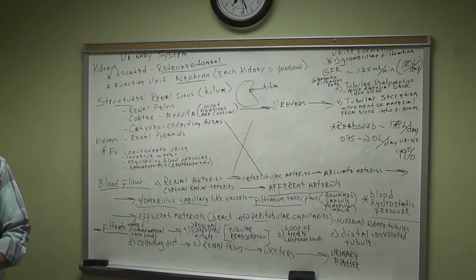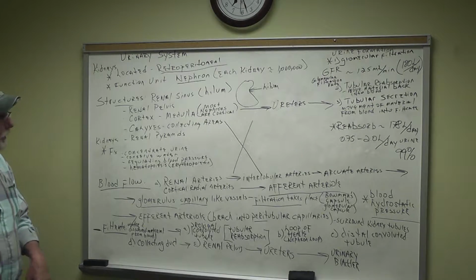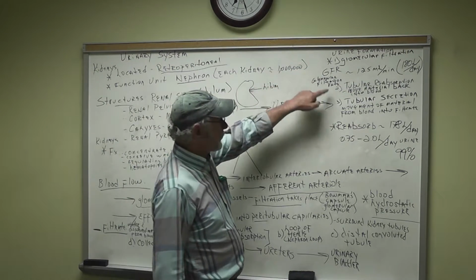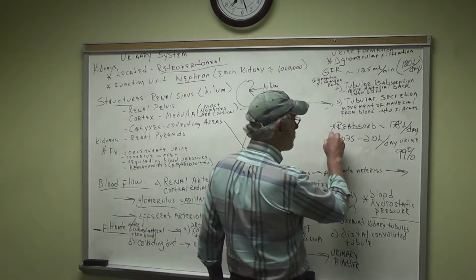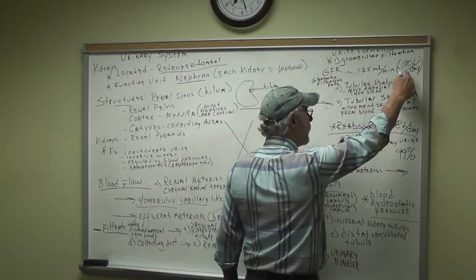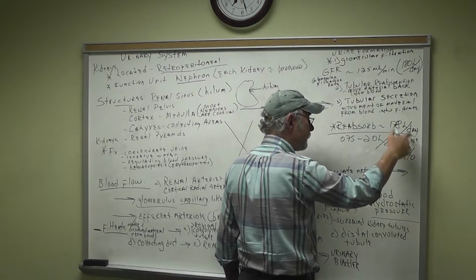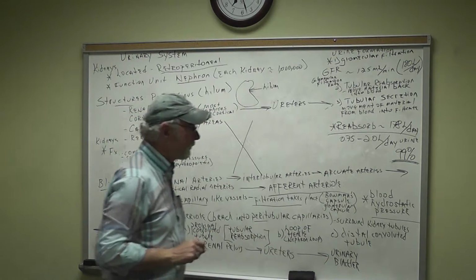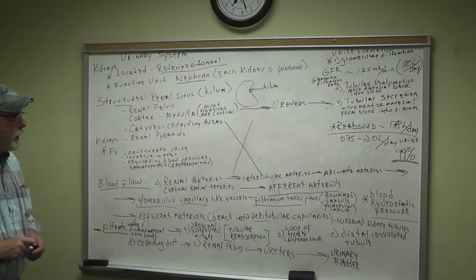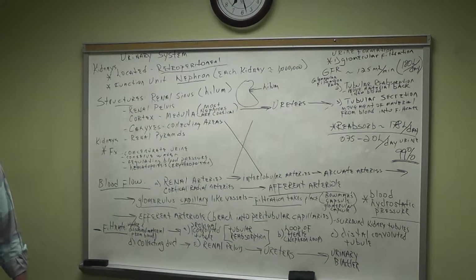We don't need to get into that kind of detail. We do need to be aware of these facts: that we filter about 180 liters and reabsorb about 178, so approximately 99% of the filtrate formed is reabsorbed back into the blood.